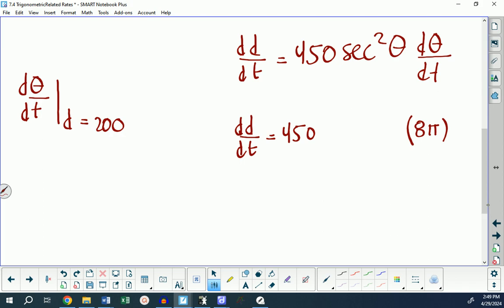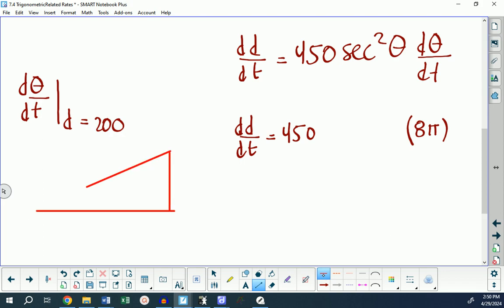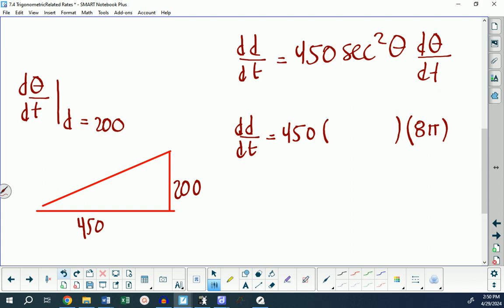What you want to do instead is find secant of theta. So now we're talking about this point in time where this is 450 and this is 200. What we want to do is put in secant of theta.